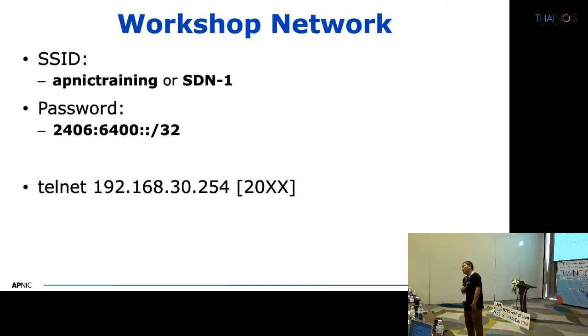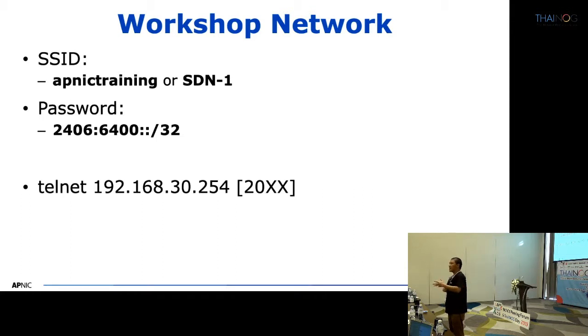And the password is an IPv6 address to let you type a v6 address. I use this in Myanmar because the password is 2406. So we were joking in Myanmar during our workshop saying that since Myanmar is not deploying v6, let's start from the passwords.